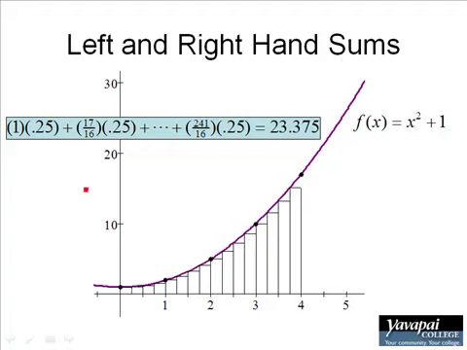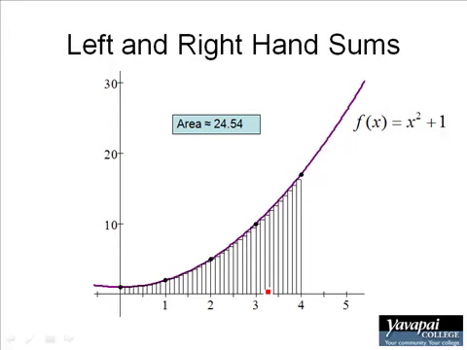When you put 1/4 into the function, you get 17/16 times 0.25 wide. I do that for all 16 of these rectangles, which is going to give me 16 terms up here. And what I get now is an area of 23.375. And notice that the amount of area that we're missing here is a lot smaller. So we're getting closer and closer to the actual area.